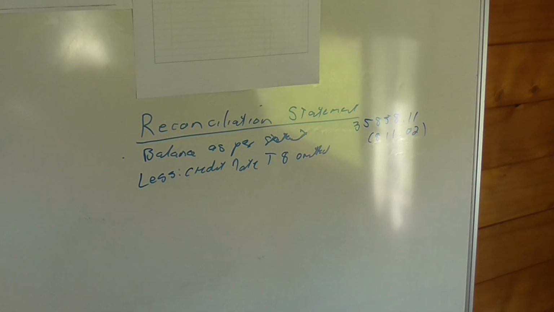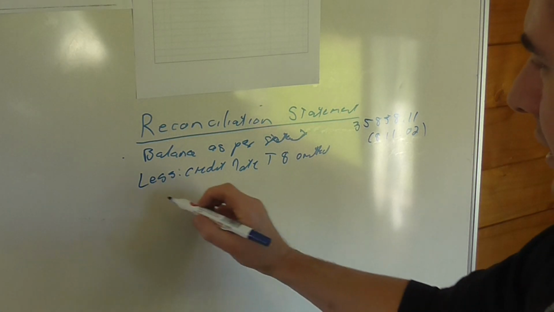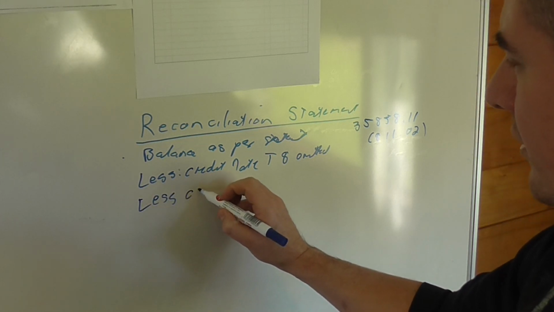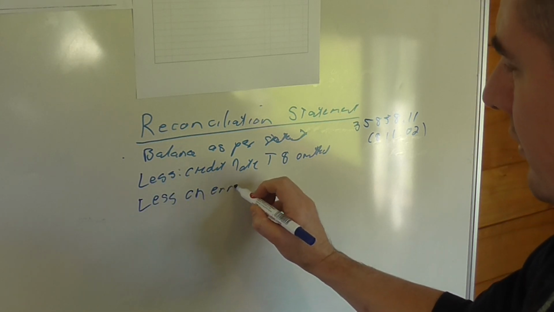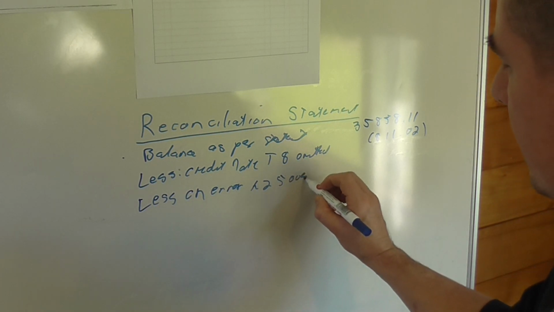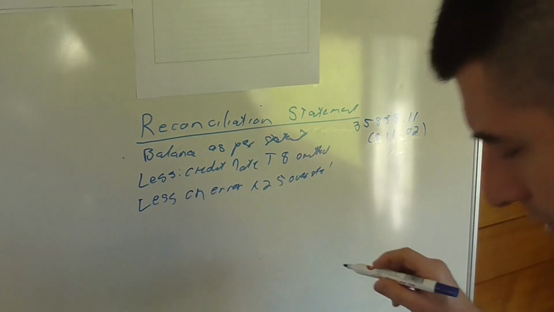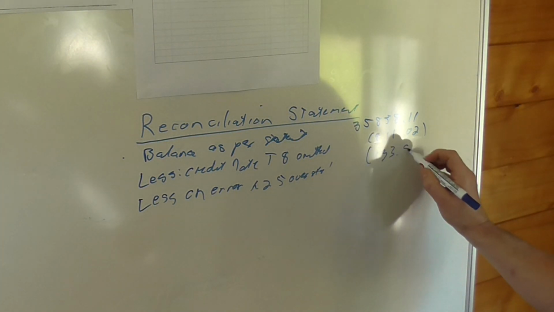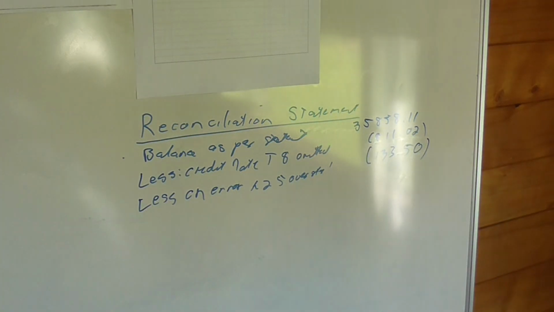So this will be less credit note error X24 overstated, and then 133.50. All right, great. So that is done.